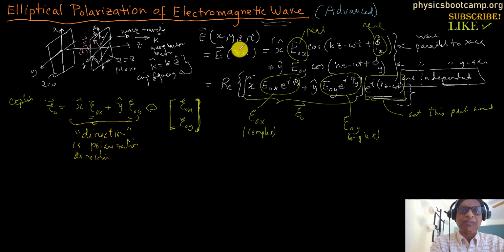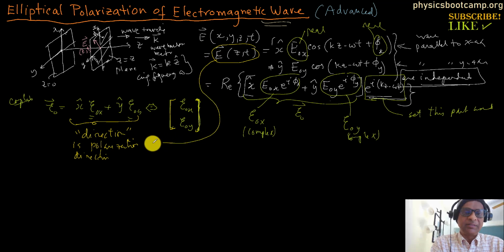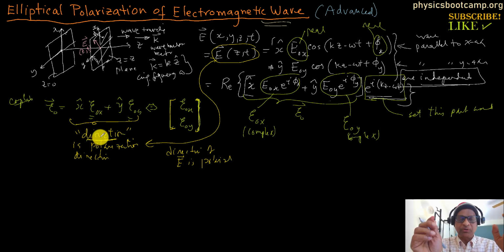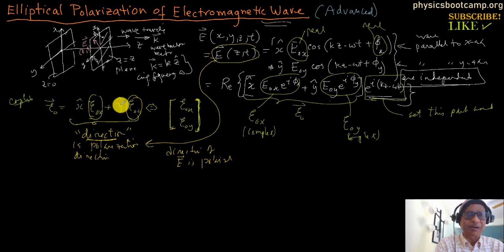Wherever this vector is pointed, that is the direction. Here it's physical, so this actual direction of E is polarization. But here it comes in the code because these guys are complex, and how are you going to plot it? You can't plot it. So you can only discuss this formally.